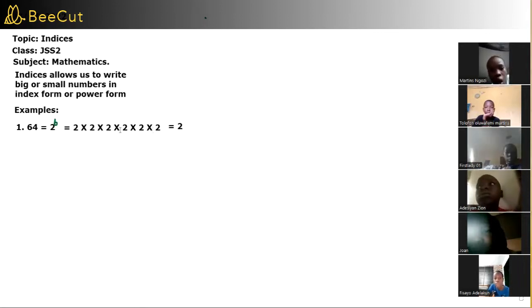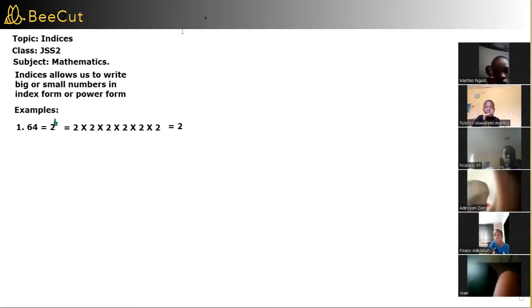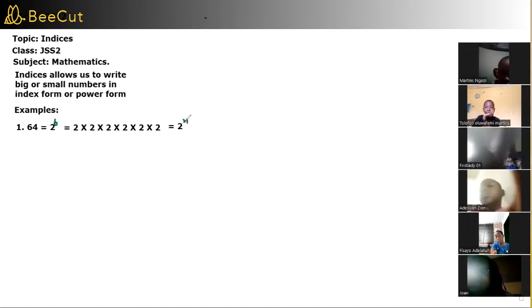In order to combine all of them, what you simply need to do is to add up all the powers. So there is 1 power on each of the 2s. I can now say this is raised to power 1 plus 1 plus 1. I want to add all the 1s together.